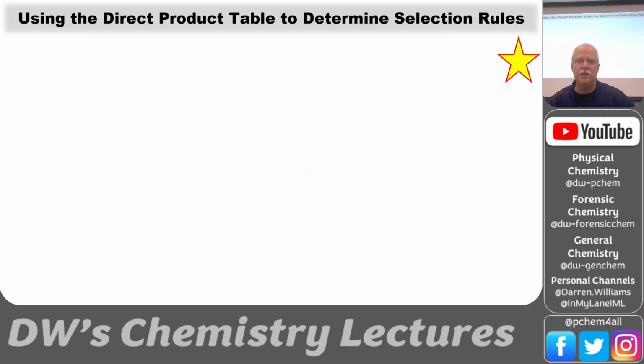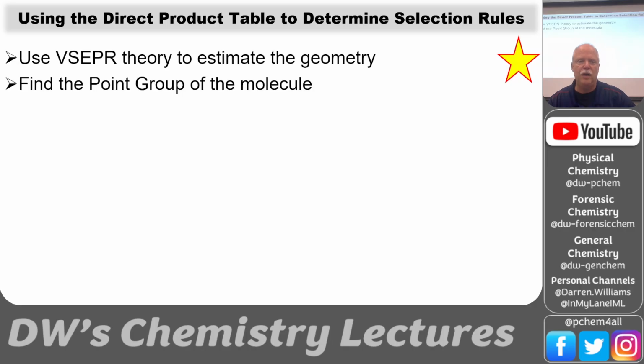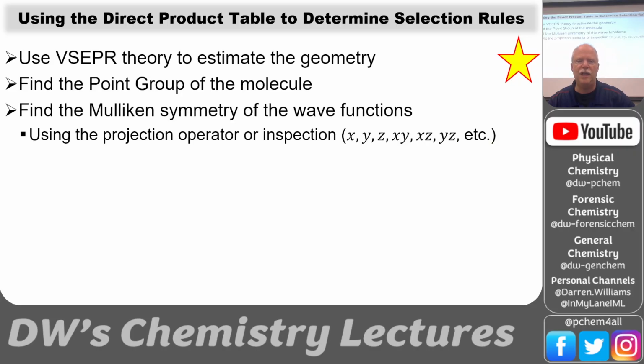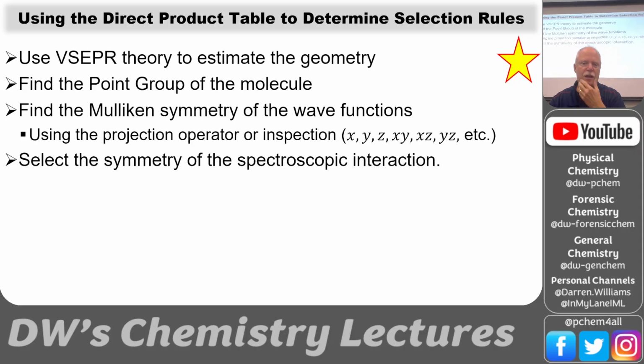So let's do this in many examples. We use VSEPR theory to create the geometry. Geometry gets a point group. We find the Mulliken symmetry of those wave functions. We could use the projection operator and reducible representations, or we could do it by inspection. The last couple of times we've been doing this by inspection. And then we need to pick the symmetry of light. So how is light coming in here?